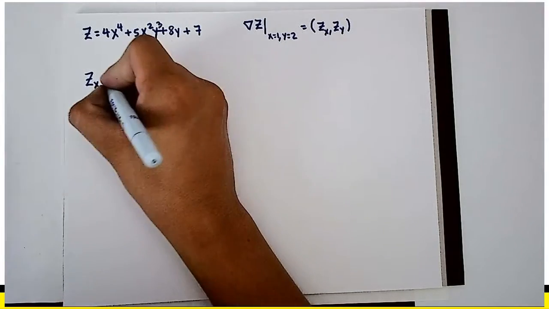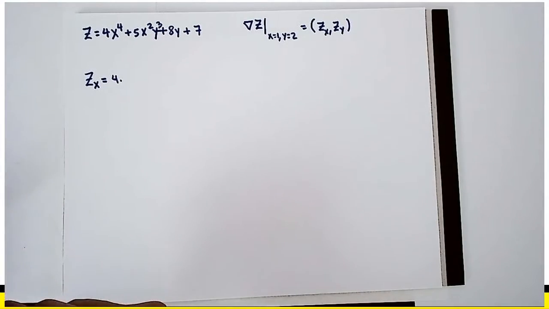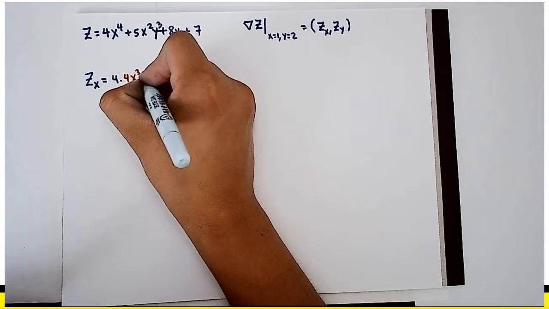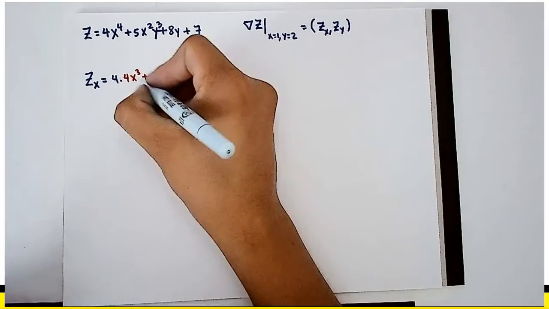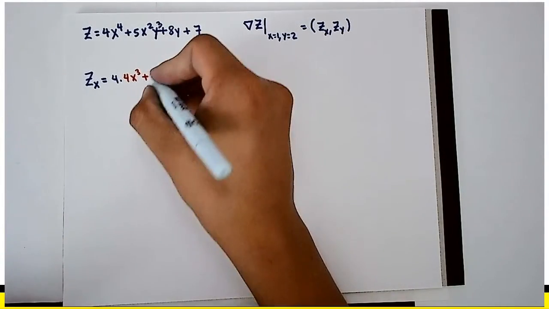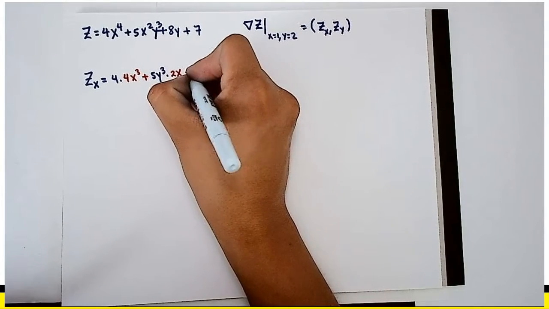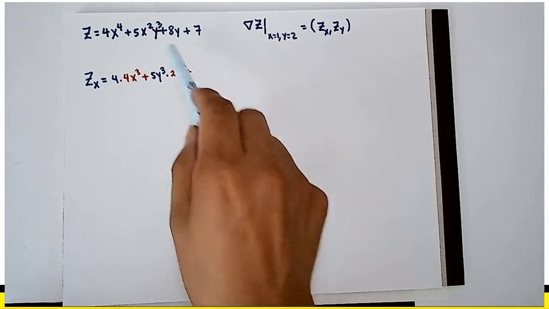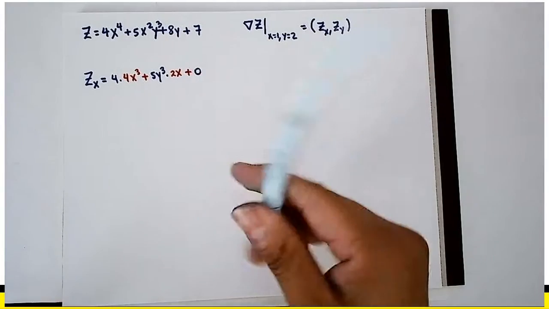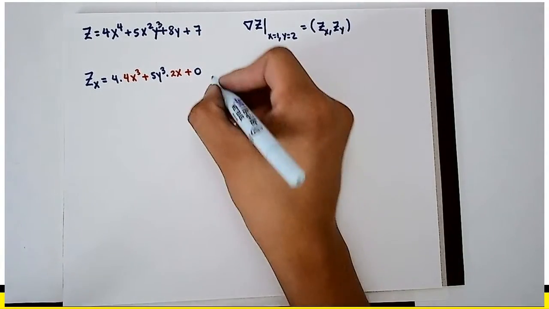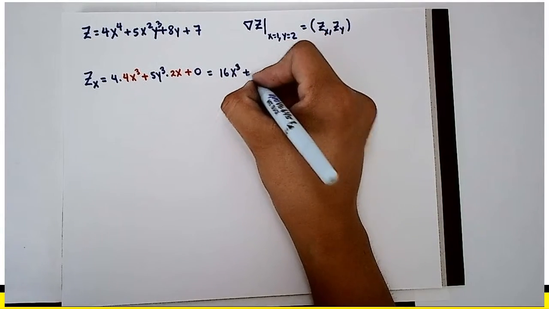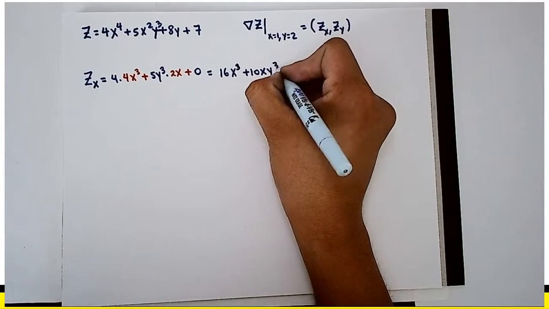So here the constant part is 4 times derivative of x to the fourth with respect to x is 4x cubic, plus the constant part here is 5y cubic times derivative of x squared with respect to x is simply 2x, plus derivative of 8y plus 7 with respect to x is simply 0 because both terms do not contain x. So this is equal to 16x cubic plus 10xy cubic.